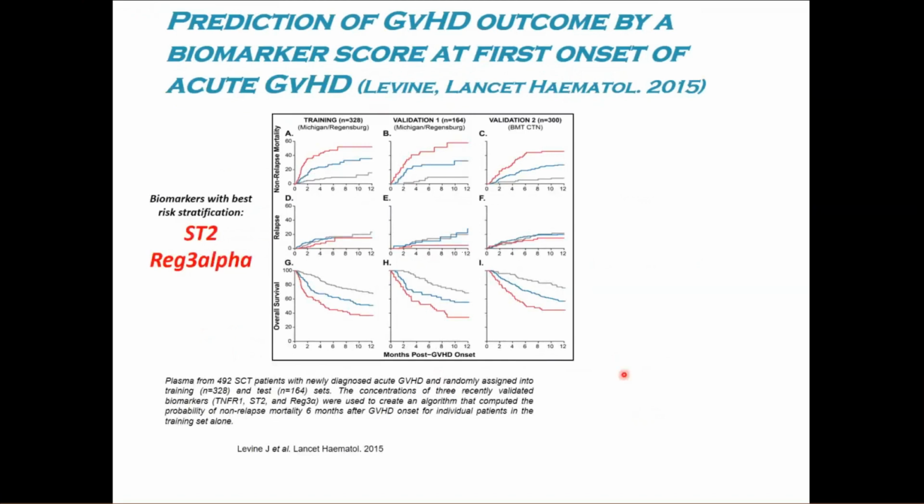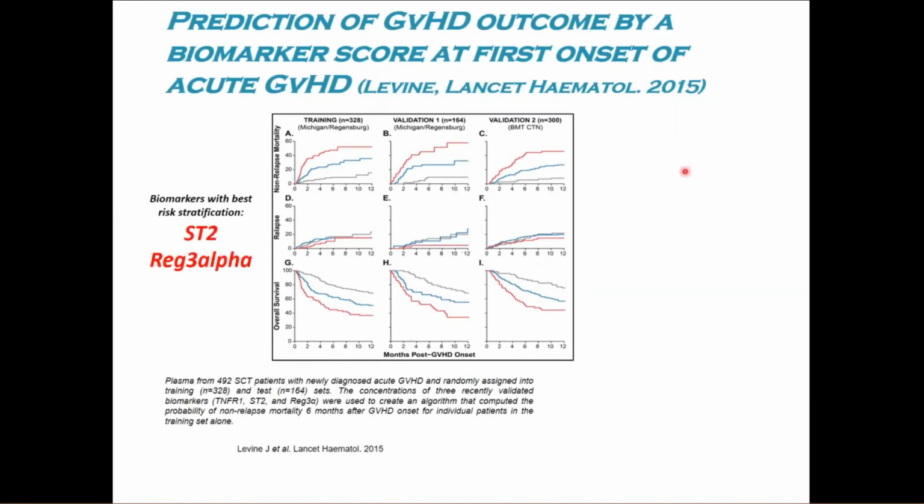So the next prediction of GVHD outcome is the prediction by a biomarker score, which was published by Levine in Lancet Hematology 2015.